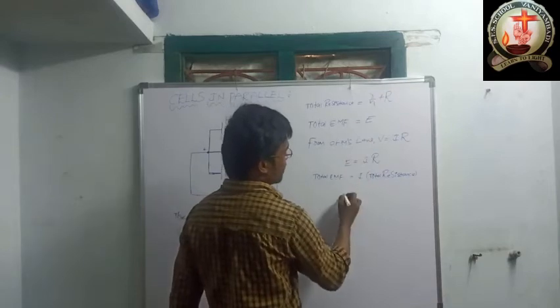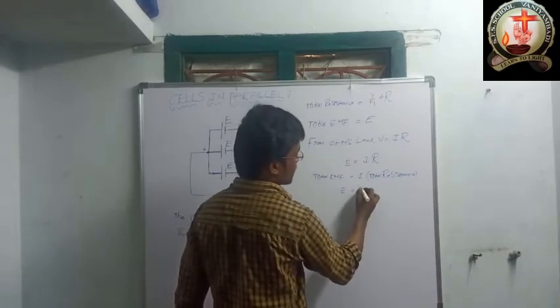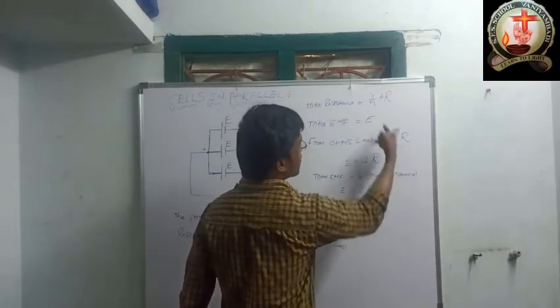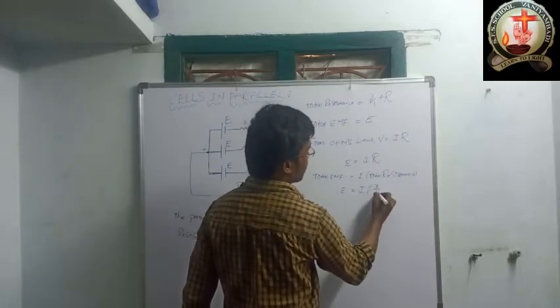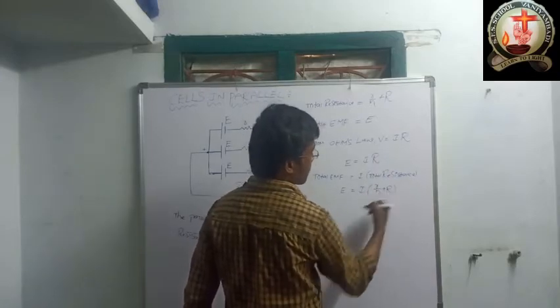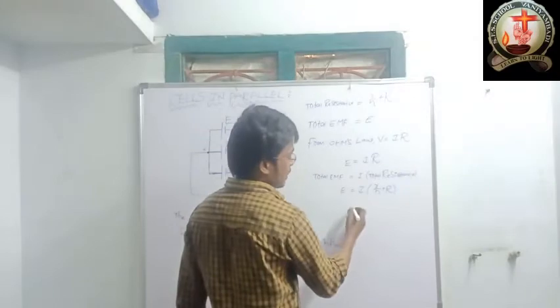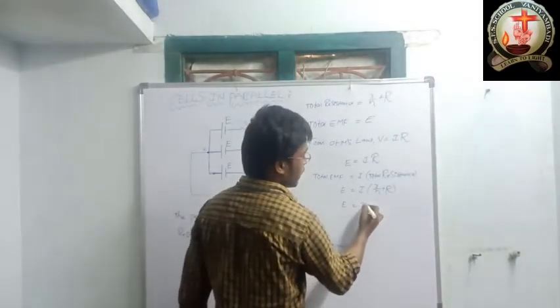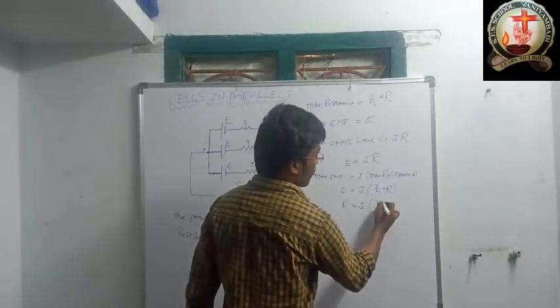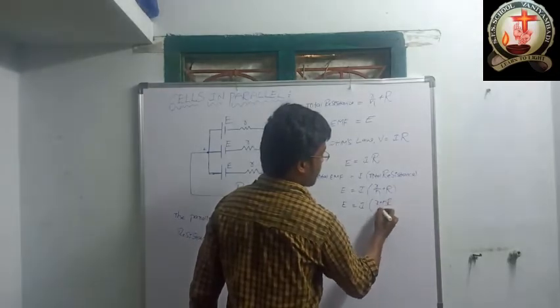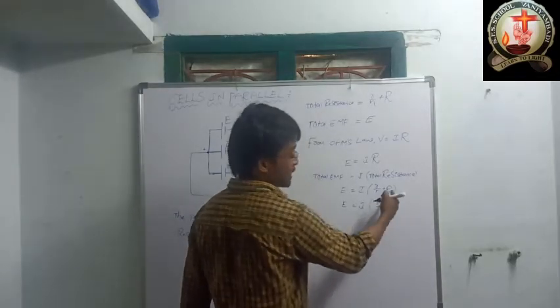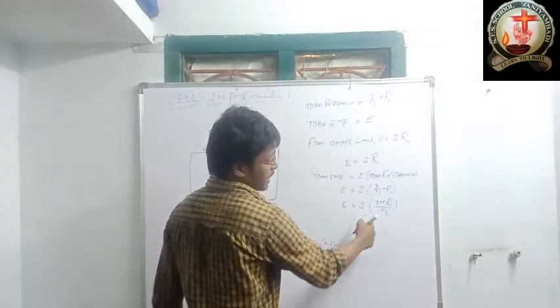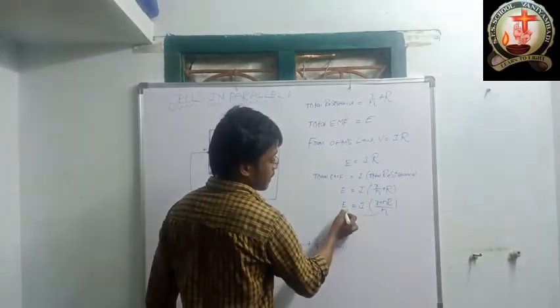So please substitute those values. E is E only, I is I only. What is the total resistance value? R by N plus R. So please take the LCM here. E is equal to I into (R plus NR) by N. LCM I took here. After that I am sending this total term to this side.